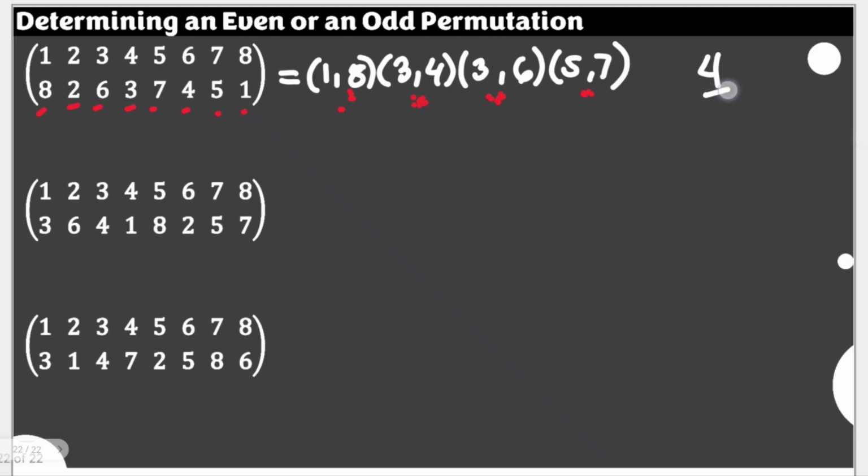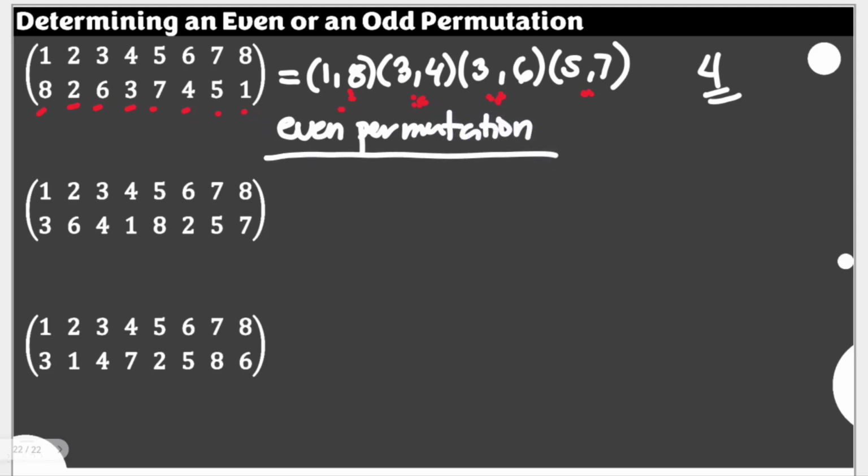Since this is an even number, this means that our first permutation is an even permutation, because the number of transpositions will determine the type of permutation. So if we have an even number of transpositions, our permutation is an even permutation. If it is odd, automatically our permutation is also an odd permutation.